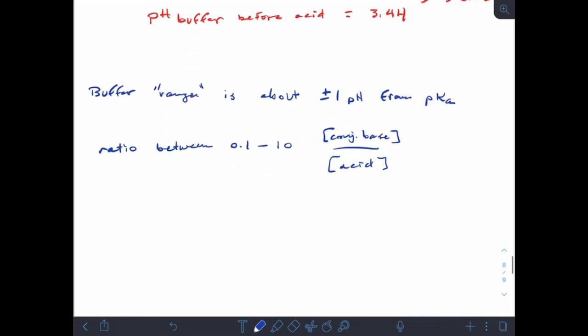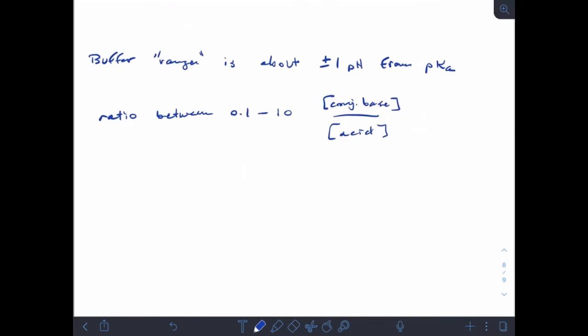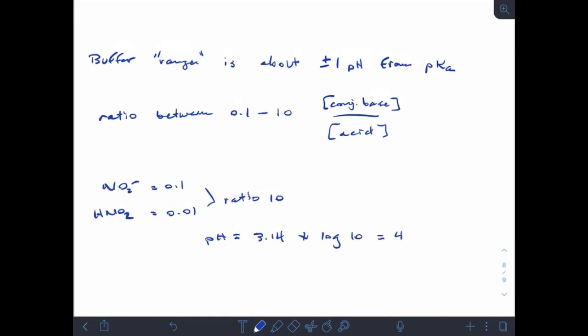Let's take a look at a mathematical proof of buffer range. If I stay in that ratio, and say NO2 minus is 0.1 molar and HNO2 is 0.01 molar, I get a ratio of 10. So pH equals 3.14 plus the log of 10, which gives us a value of 4.14.